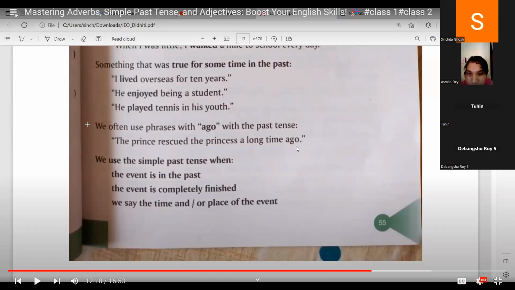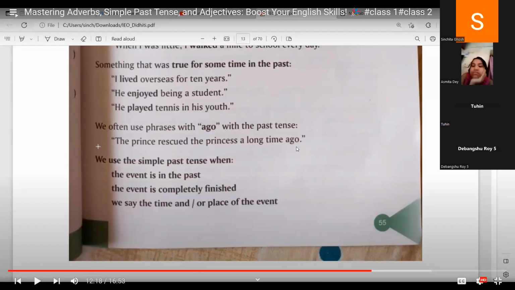Beta, we often use the phrase with ago with the past tense. Yes, ma'am. Some years ago, a virus came known as coronavirus. Excellent. Very good, Ashmita. Super. Now, Tuhin, can you give me an example with ago, beta?